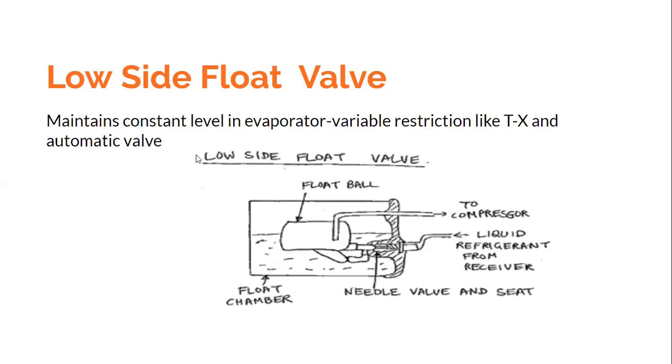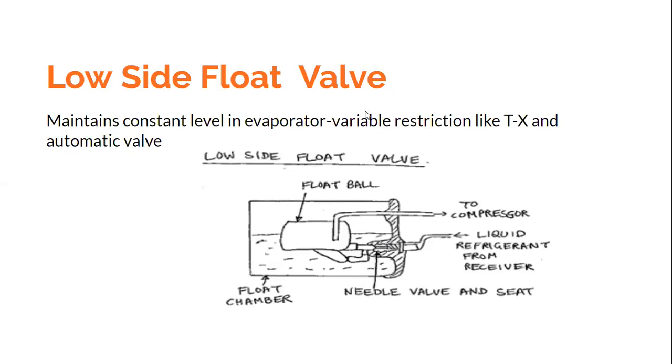Capillary tube has a constant restriction, while this has a varying restriction. It has a needle valve and a seat, and the needle would move up and down, and accordingly the restriction would change.